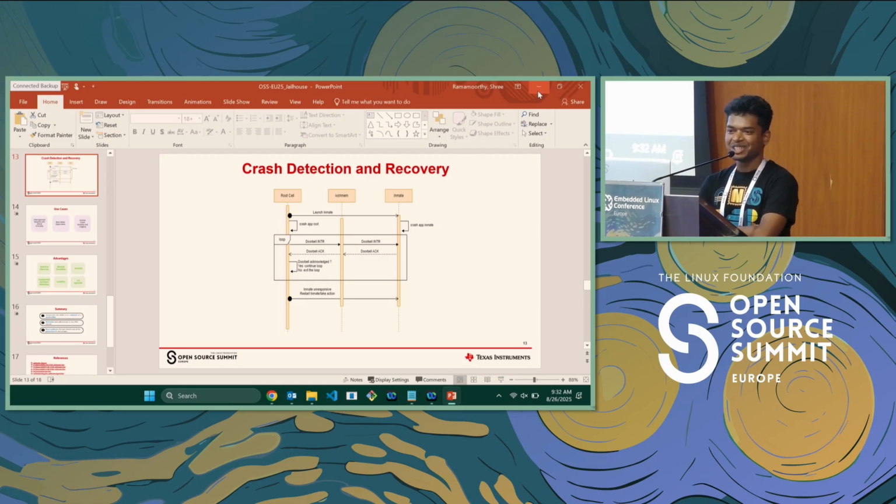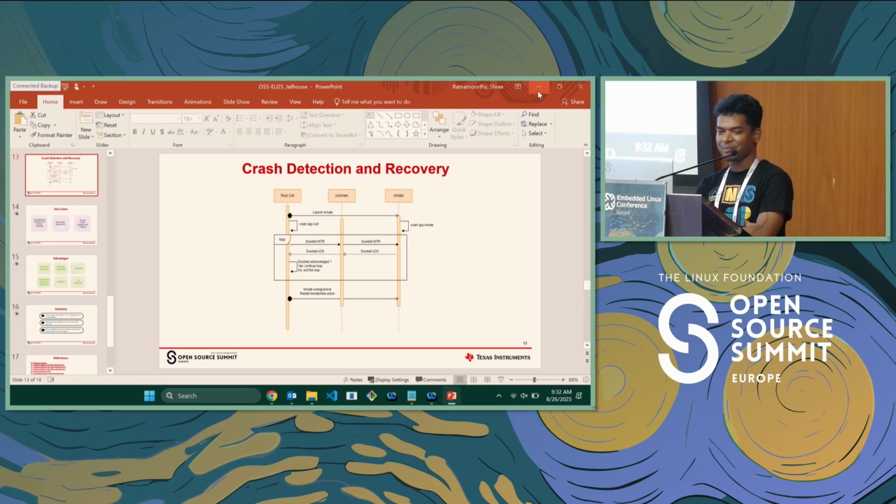Are you guys still accepting contributions to Jailhouse? We are accepting maintainers. Telling us for years. Is Jailhouse used in production on Siemens equipment?